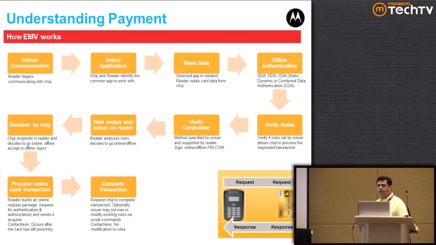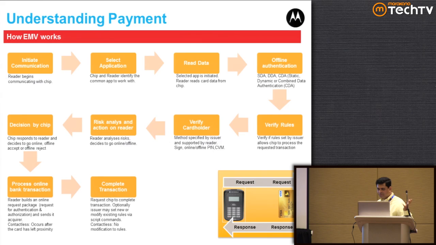For this transaction that you're doing, this application, this set of rules has to be negotiated between those two. So the chip says, these are my rules. The reader says, yes, I understand those rules, I can enforce them. And then once that happens, the reading of the card occurs. The card data is read.